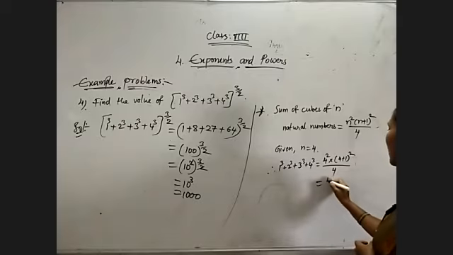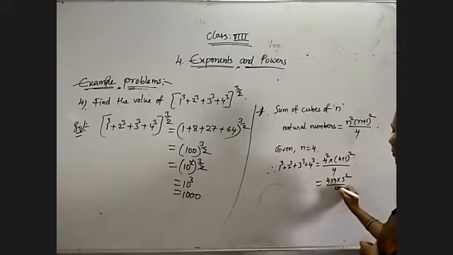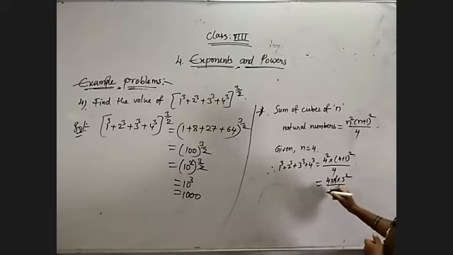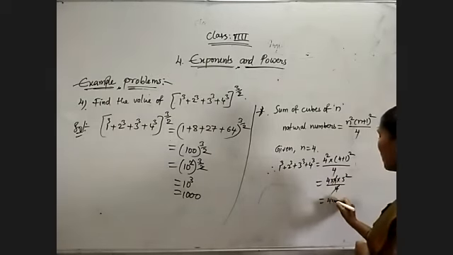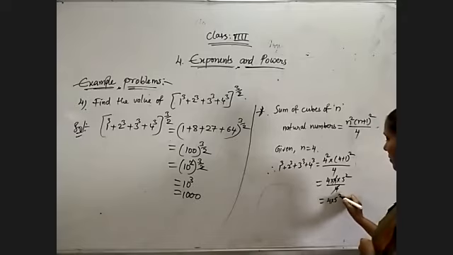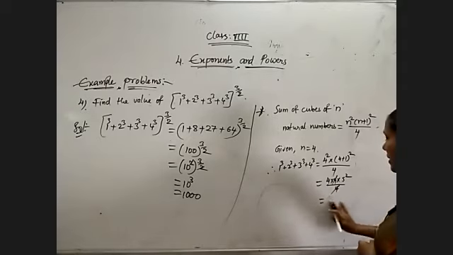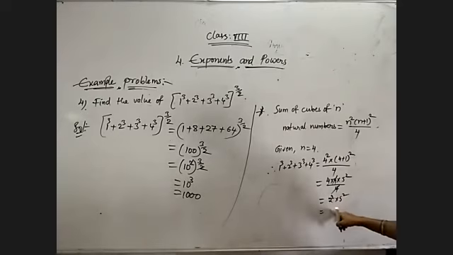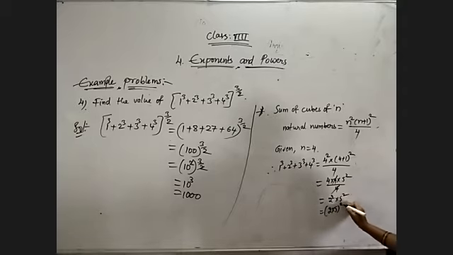Now, 4 into 4 into 5 square by 4. 4 will get cancelled. 4 square is nothing but 4 into 4 now. So which is equal to 4 into 5 square. 4 I am writing as 2 square into 5 square. Now observe a square into b square form, ab whole square, that is 2 into 5 whole square. 2 5s are 10 whole square.